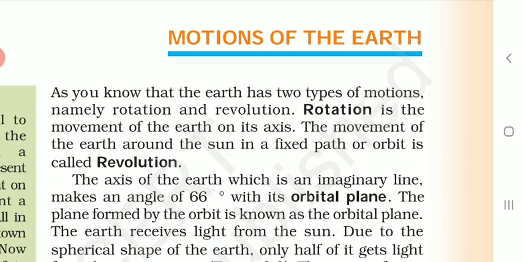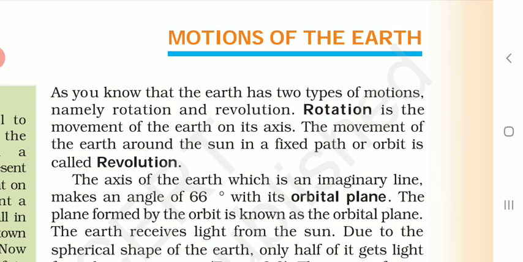Due to this movement, the seasons of the earth are changing, and due to the rotation, the days are changing. I hope you understand the difference between rotation and revolution.